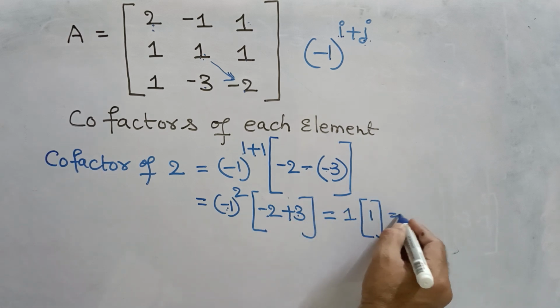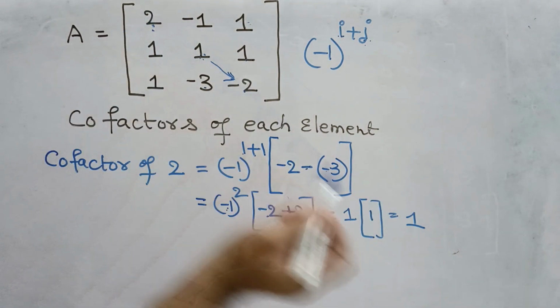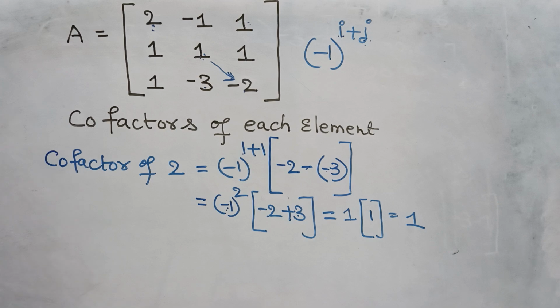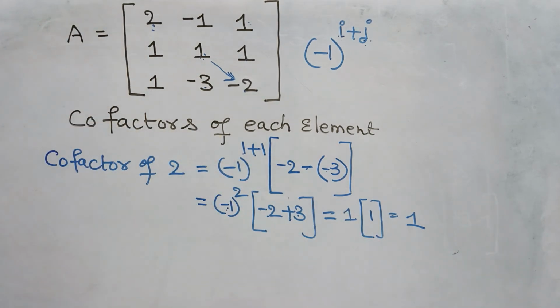Therefore, 1 into 1 is 1. So, what is the cofactor of 2? It is 1. Understood? The cofactor of element 2 is 1. We have to remember that. Okay, the cofactor is 1.